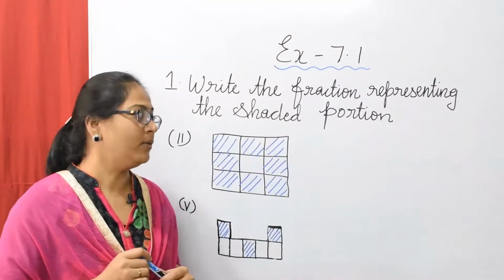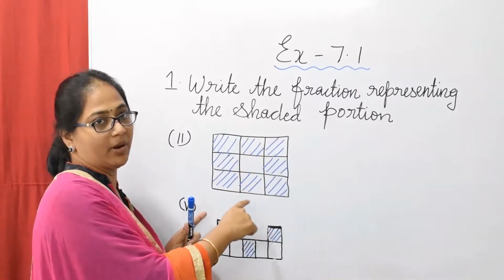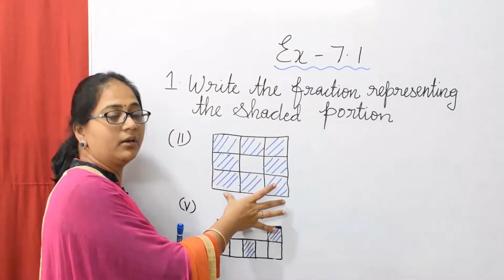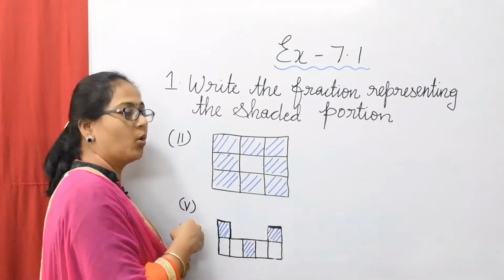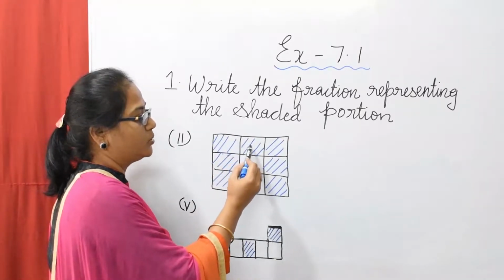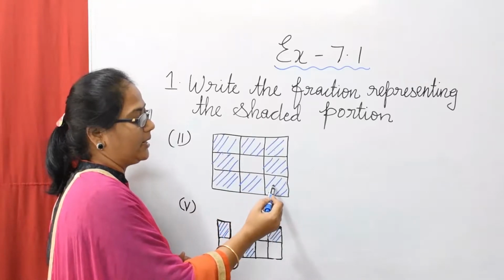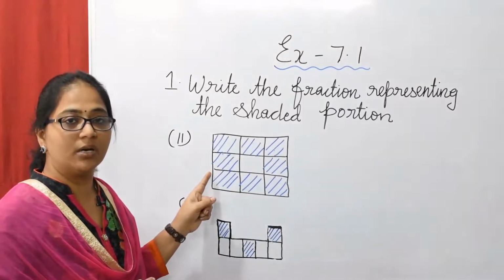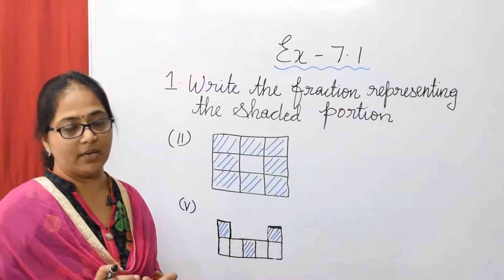For that, first we have to see how many parts it has been divided into. The total parts it has been divided into is 1, 2, 3, 4, 5, 6, 7, 8, 9. So this picture has been divided into 9 equal parts.